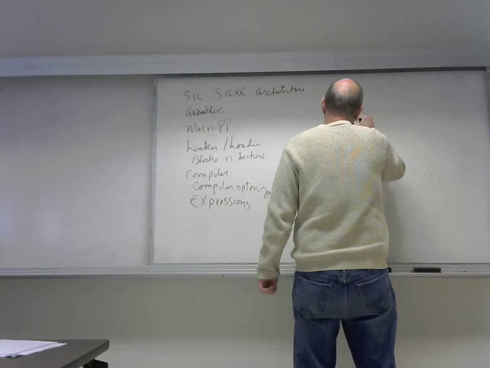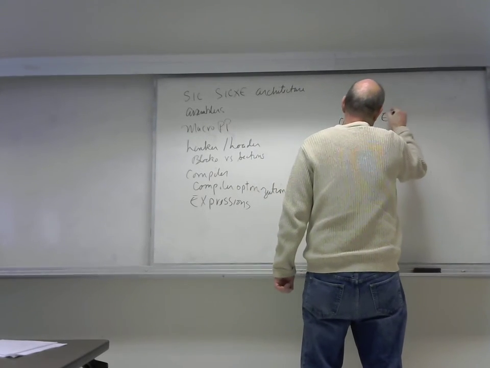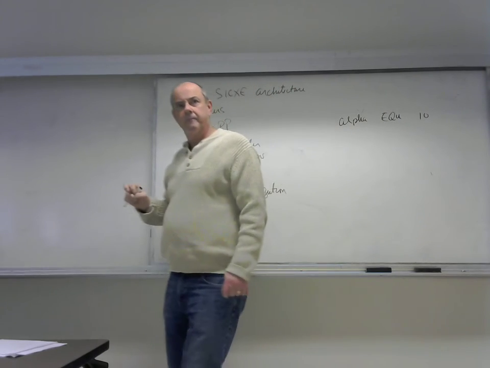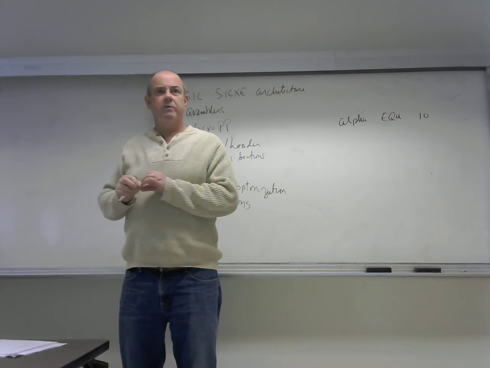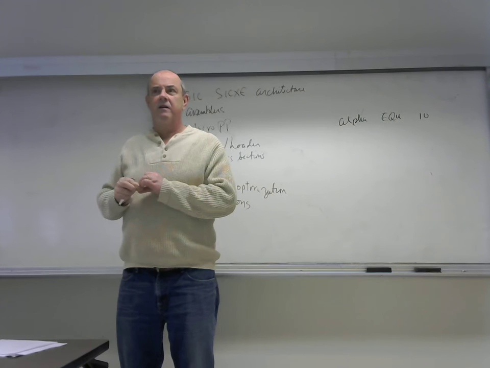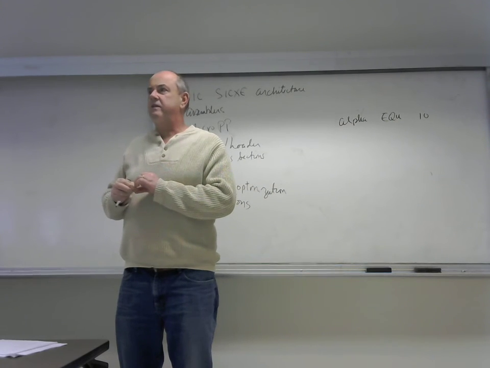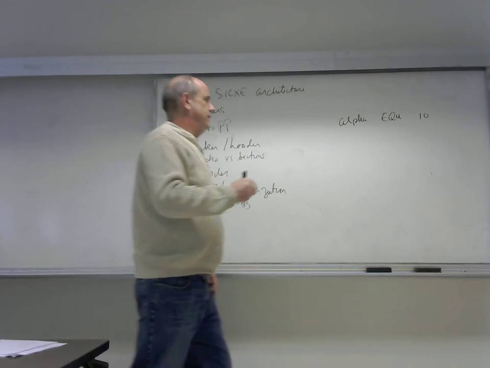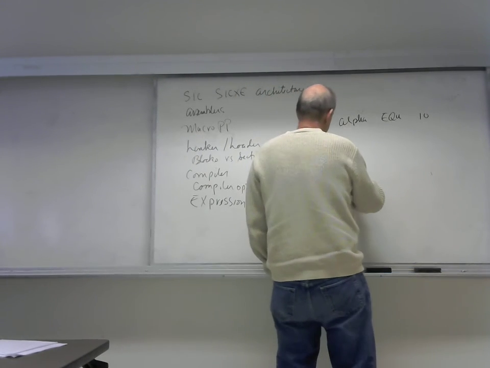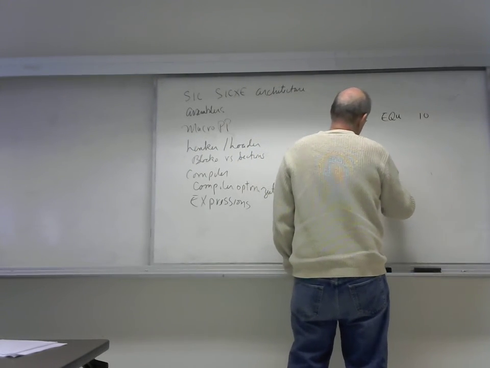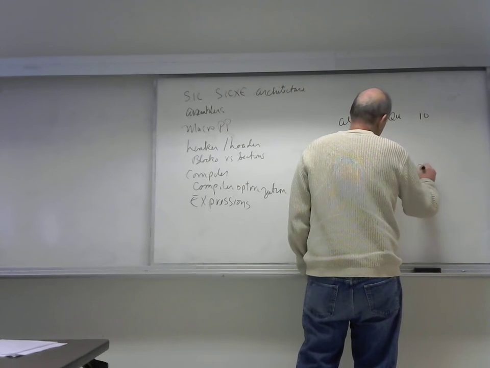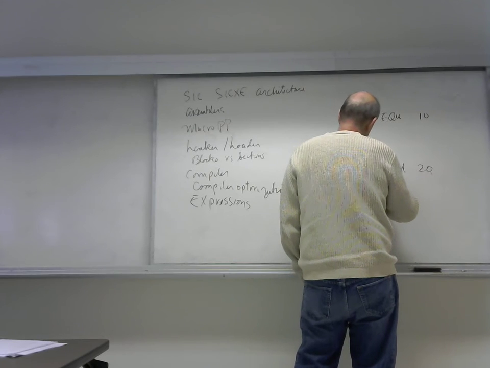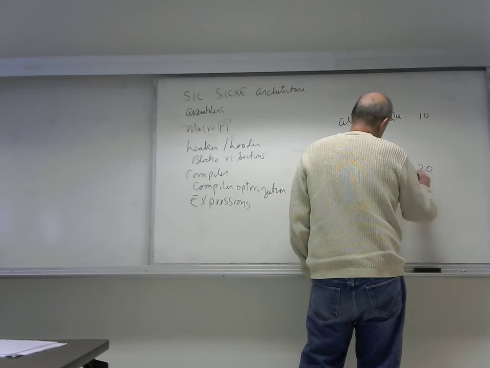But what about this? Does it matter where you load the program in memory? No, alpha is always 10, period. So a relative symbol, maybe we have beta word 20, gamma word 10.